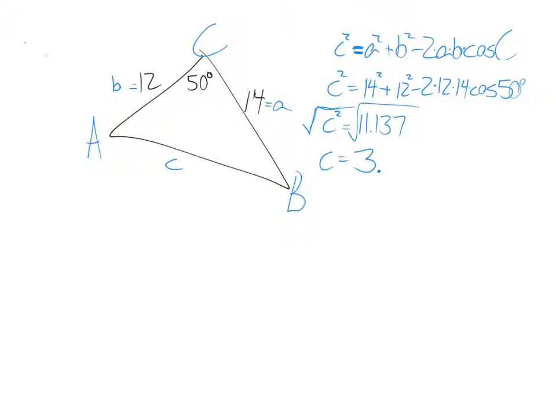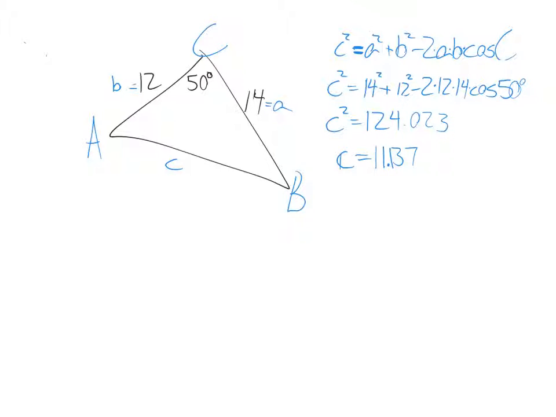Oh, you got 11 after you square rooted. I'm sorry, I already had 124.02. Okay, so you got C is 11.137, and C squared equaled 124.023. Okay, sorry.